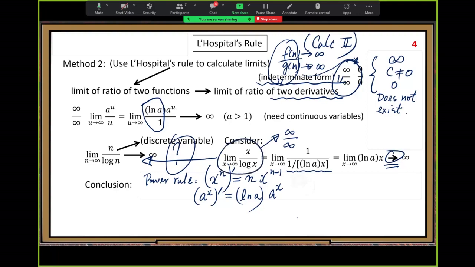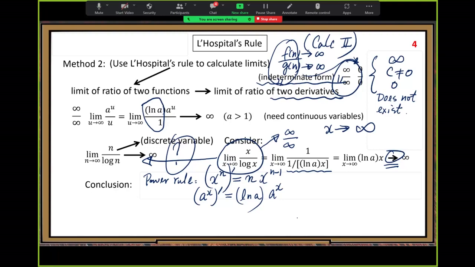When we consider limit, when x approaches infinity, do we specify any special way that x grows to infinity? We didn't specify, right? So when x approaches infinity, do you know how x approaches infinity?